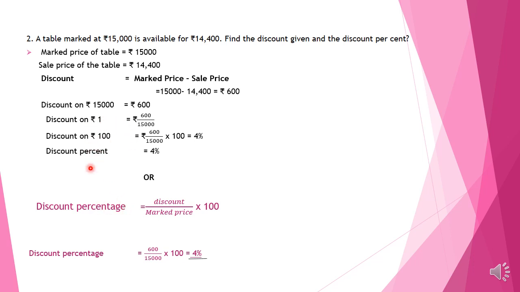This much part. Okay, discount we find by these 3 lines only, and for discount percentage I show another method. Discount amount, what is the discount amount we got? 600. So 600 divided by marked price 15,000 into 100. So on simplification we get 4%. Okay children.